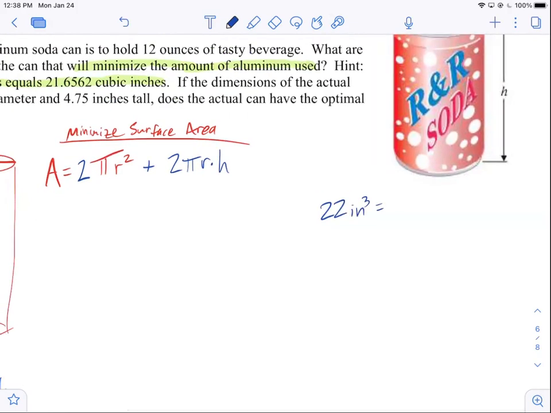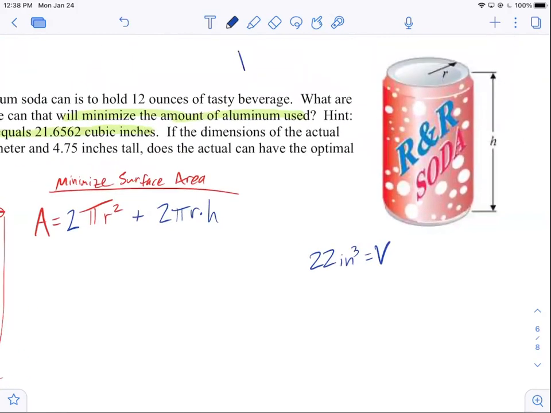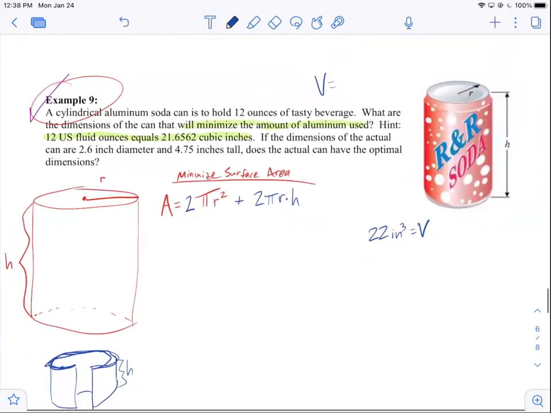Cubic inches. Volume, V. So what is the formula for the volume of a cylinder? Yeah. So this is really a circular prism, whereas length times width times height is a rectangular prism.